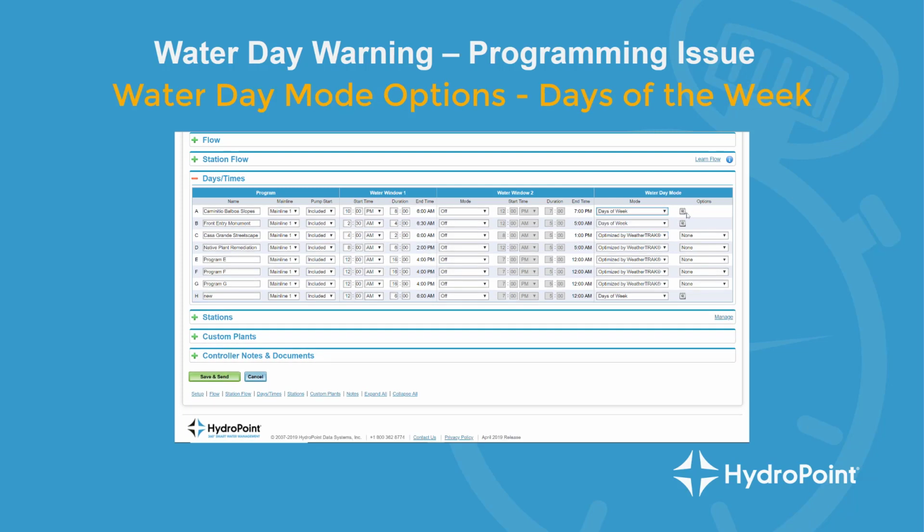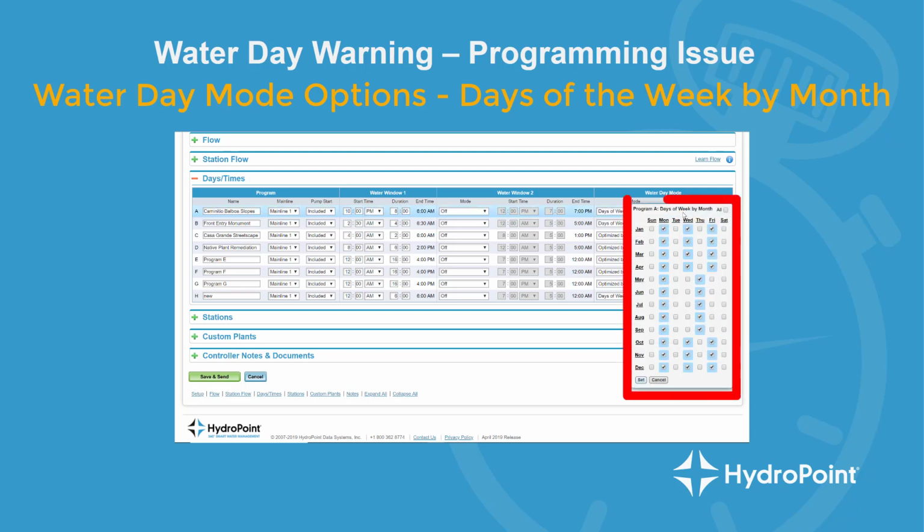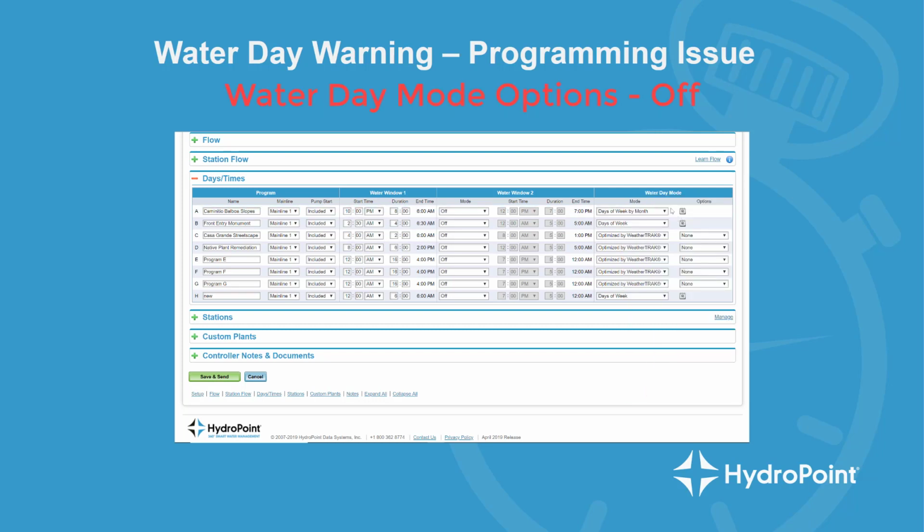You can select days of the week, which is what we used as our example, where you can select to irrigate on the start times attached to Sunday, Monday, Wednesday, and Friday, for example. Or you can select days of the week by month, which allows you to be even more detailed in your programming throughout the year. And finally, you can turn any individual program off by selecting water day mode off.